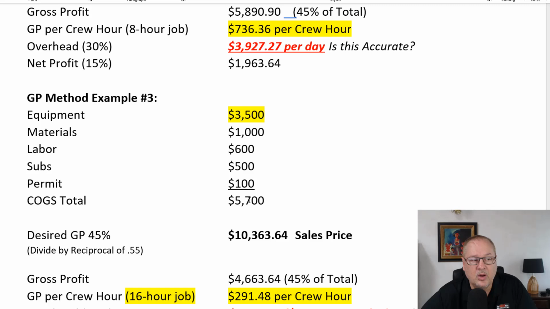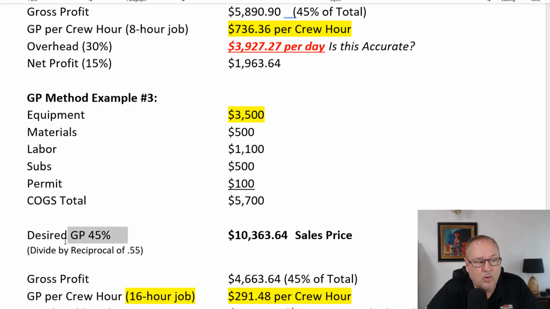Here's another scenario. Let's say that the materials were $500 and the labor was actually 2 days, and let's make that $1,100. I'm doing this on the fly. $1,100 because it's a 2-day job, and we do the same divisor method.